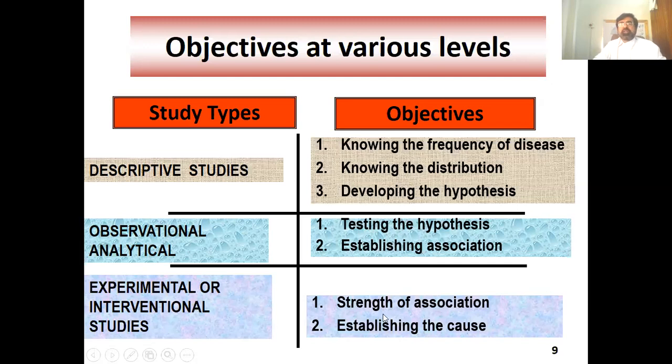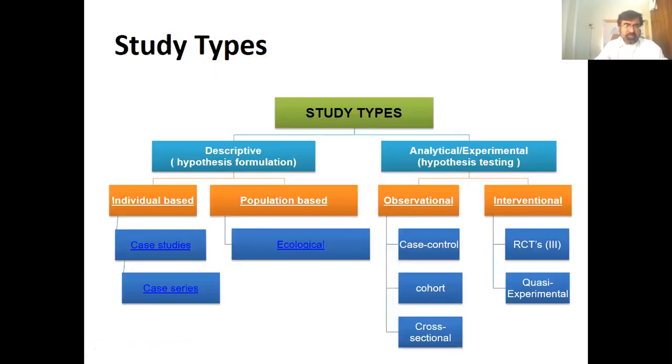In experimental or interventional studies, you will go for strength of association, how much is the association, and establishing the cause, the factor causing the disease. Strength of association, how much is the association between the factor and the disease, a stronger association or a weaker association.